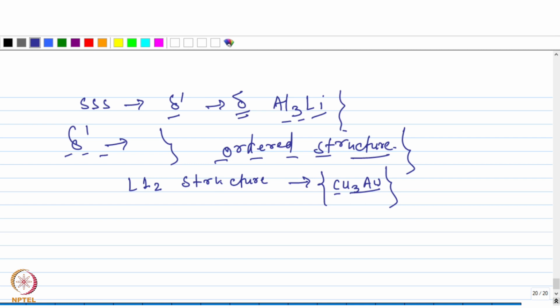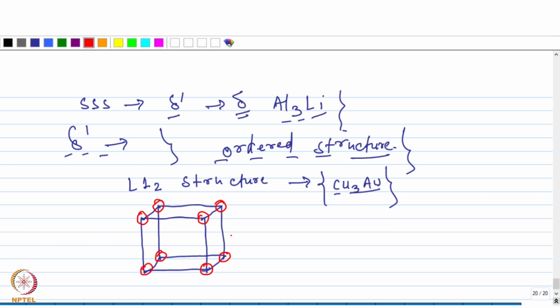So this is basically an FCC kind of structure, where the corners are occupied by the lithium atoms, and the face centers are occupied by the aluminium atoms.